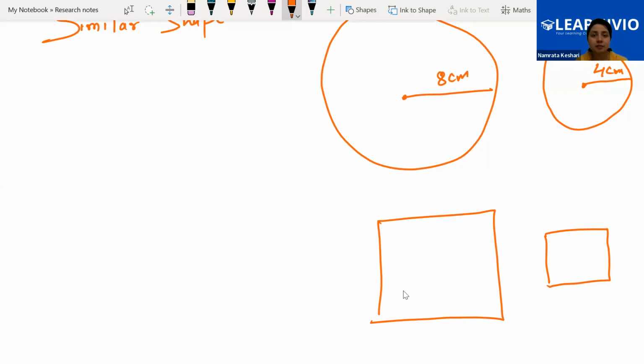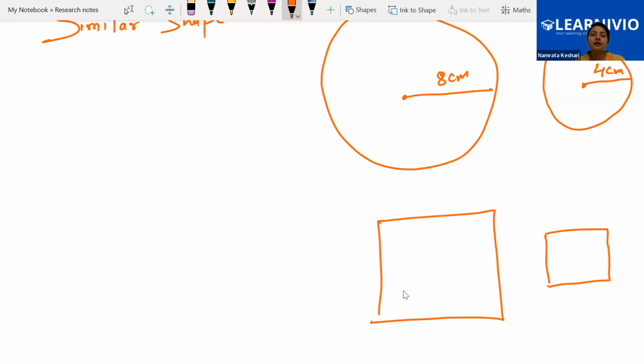Bigger or smaller doesn't matter for similar shapes. The name is similar, it doesn't have to be exactly the same measurement. In congruent it has to be exactly the same measurement, but for similar shapes it doesn't. Listen to me carefully.